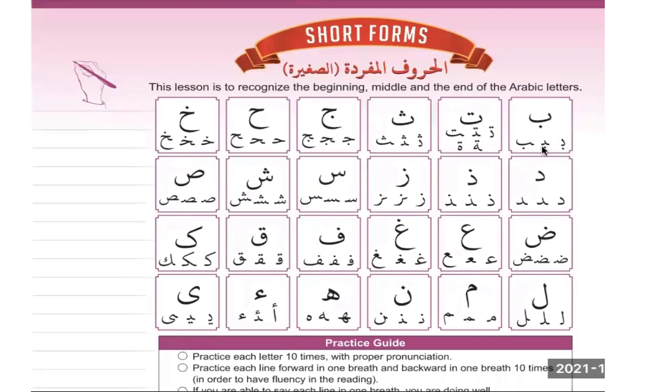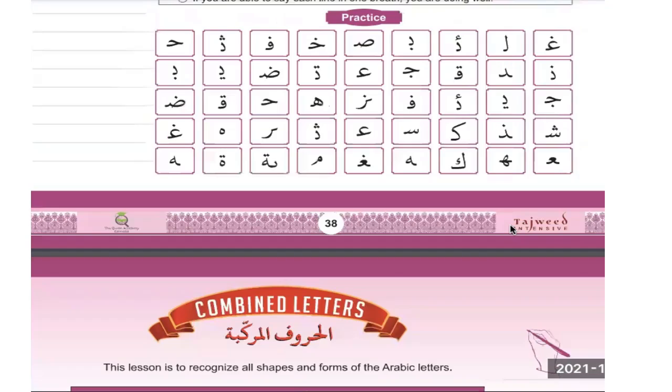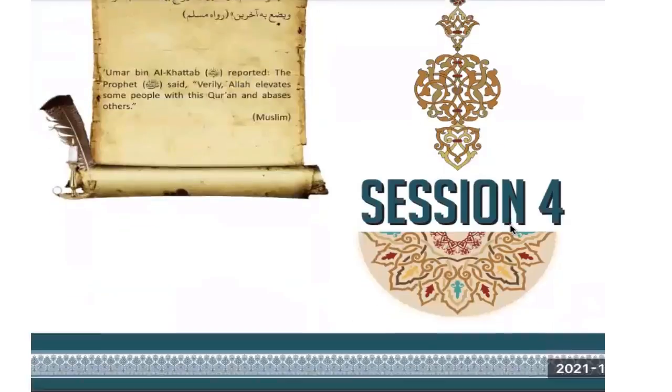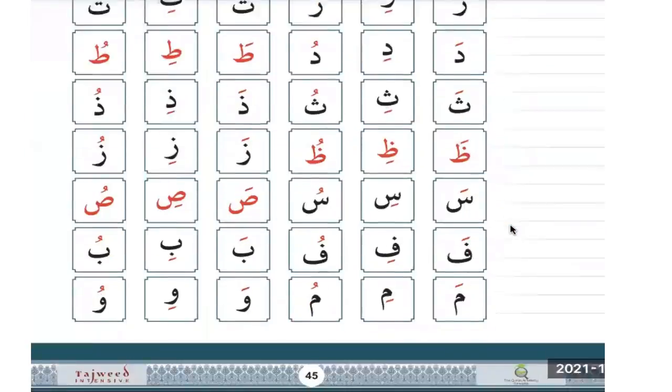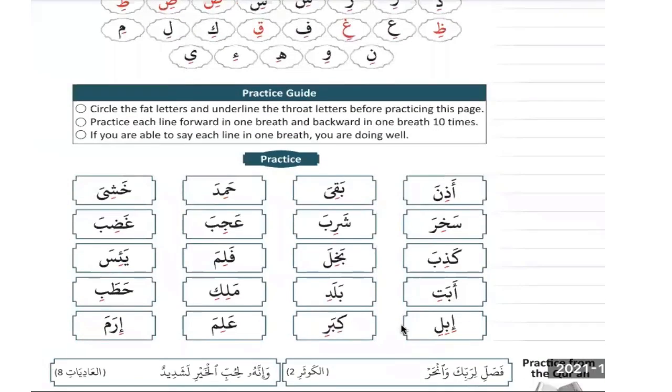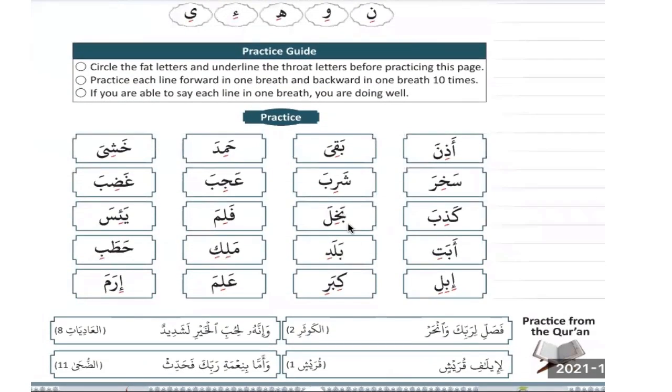If you have already done this, you should remember ba in this shape, ba in this shape, ba in this shape. Which shape is used here? This one is very easy, but this one is a little tricky.